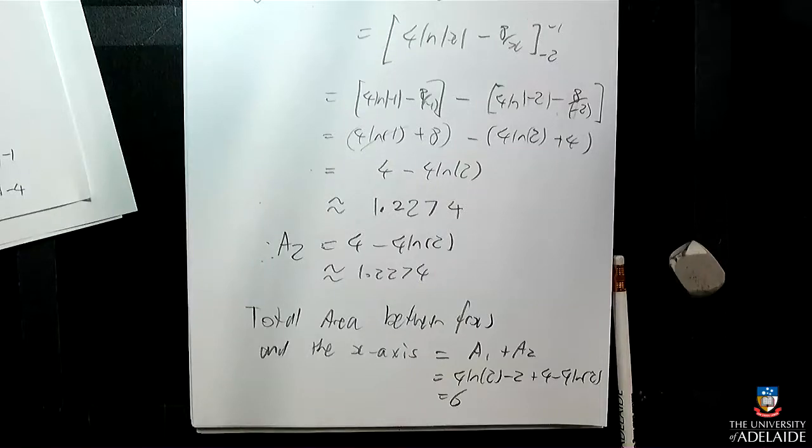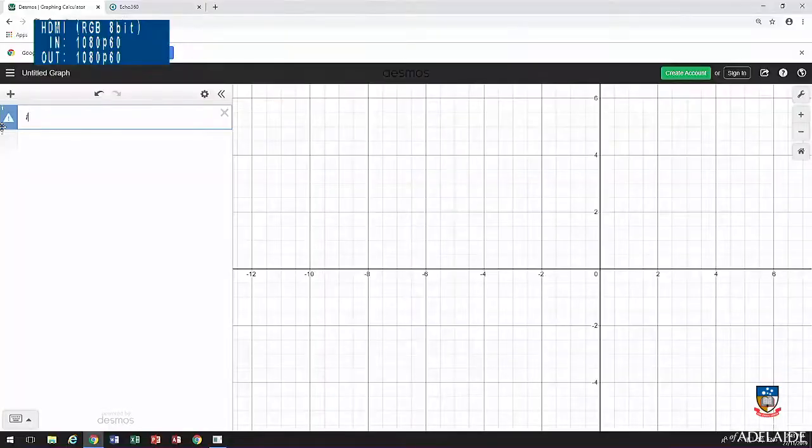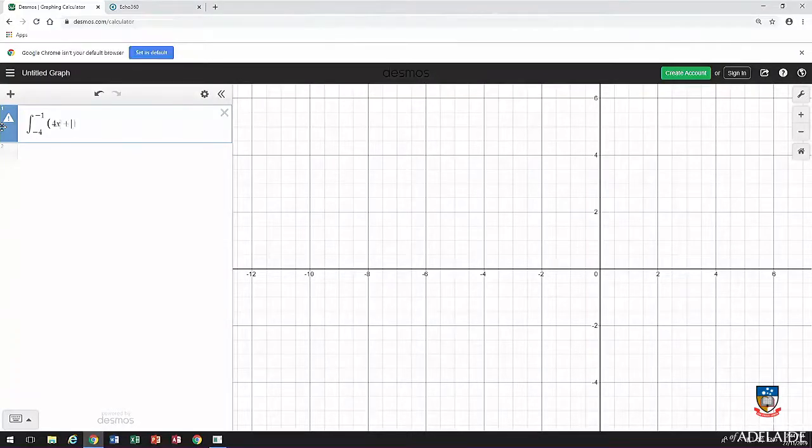I'm just going to get a computer to do this for me. This is Desmos, the integral from minus 4 to minus 1 of, what was it? 4x plus 8 divided by x squared dx.